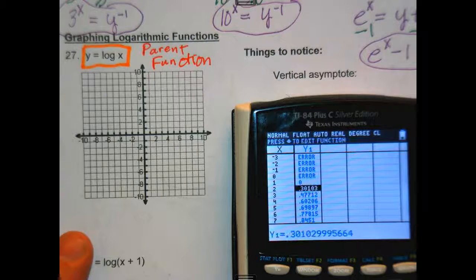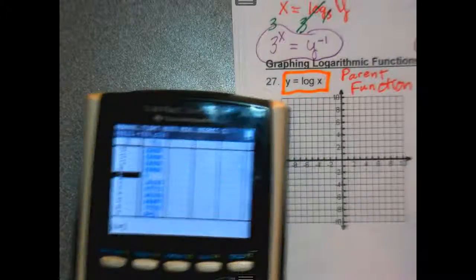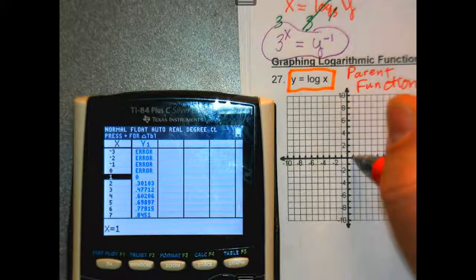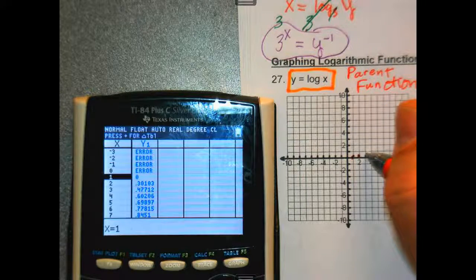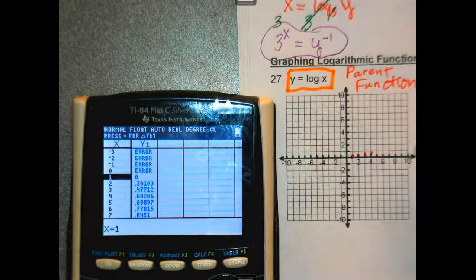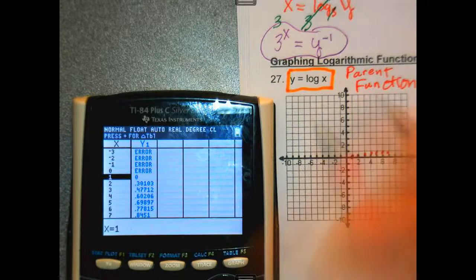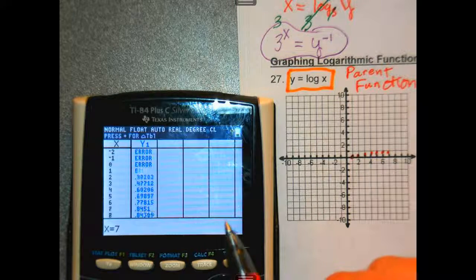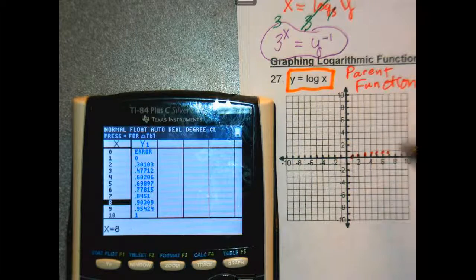Okay, let's go ahead and plot the points we do have. 1, 0. 2, 0.3. 3, 0.5. 4, 0.6. 5, 0.7. 6, 0.8. 7, 0.84. 8, 0.9. 9, 0.95.